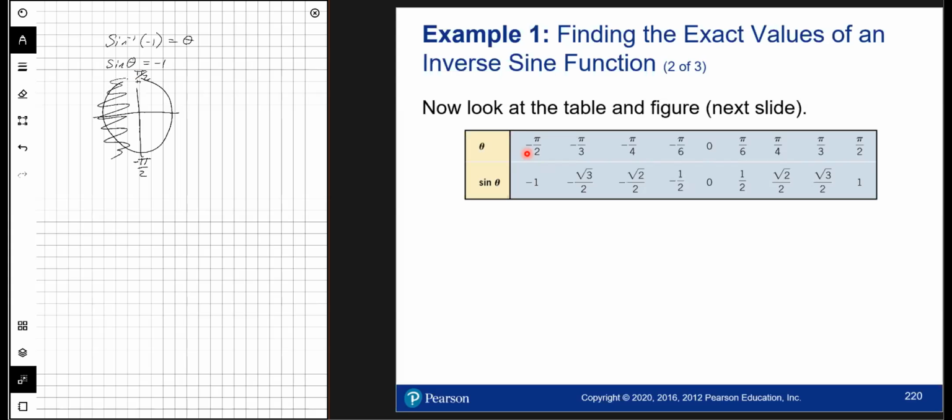We're only talking about these angles here. If it's an angle in the first quadrant, we're talking the positive, and if it's an angle in the fourth quadrant, it's the negative. So this would be negative pi over 6, where this here is pi over 6.